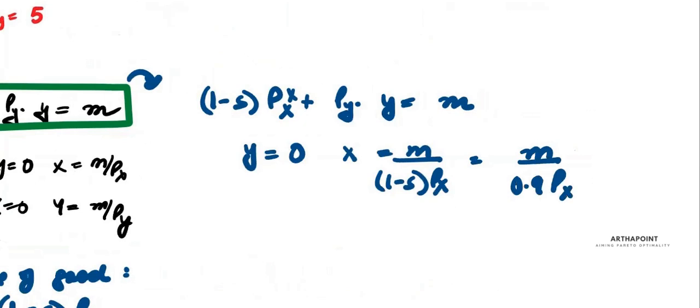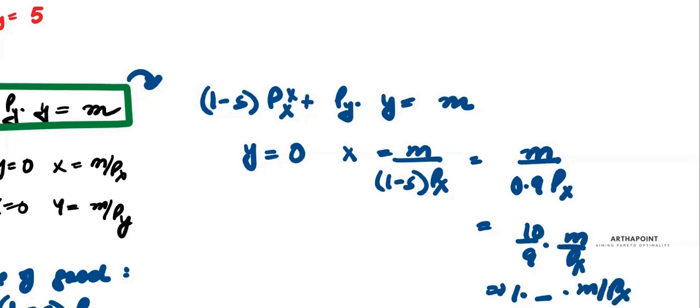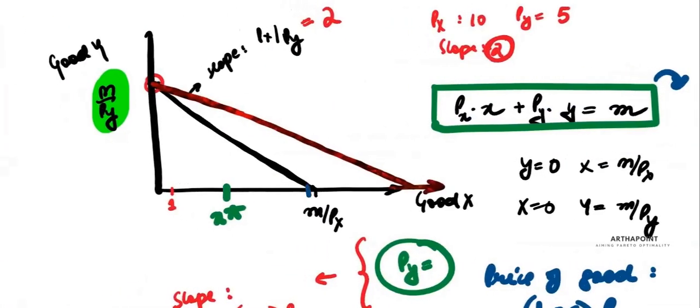You can also do it by this. So it will be 10 by 9 into M by PX. This will be 1 point something into M by PX. So whatever your M by PX was, it will be more than that. So the slope will become flatter, because the slope has fallen, it has decreased.